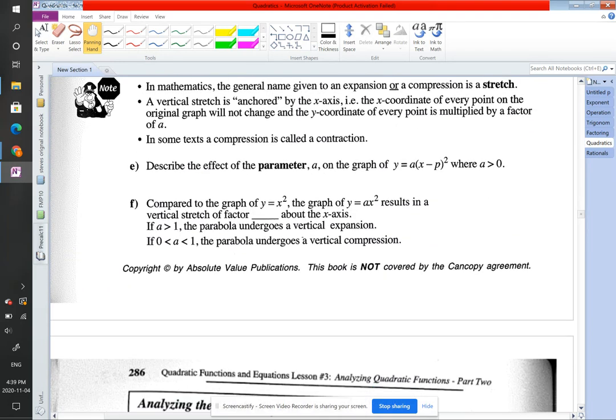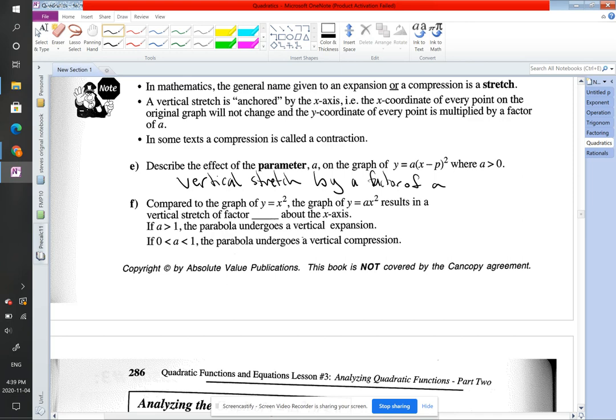Vertical stretch by a factor of a. Compare the graph of y equals x squared.